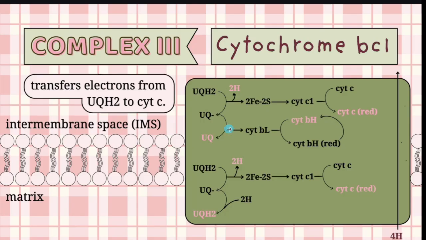The second electron will be donated to cytochrome Bl, which donates it to cytochrome Bh. The final products will be ubiquinone, reduced cytochrome C, and 2 protons, which are lost to the intermembrane space.